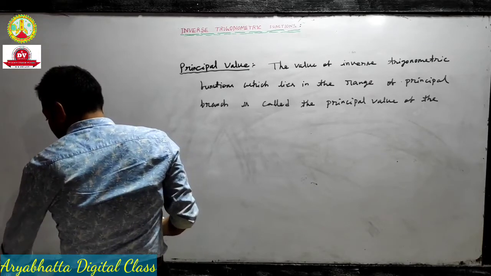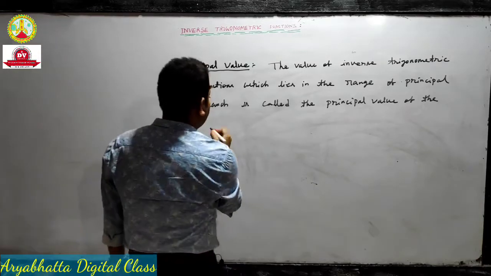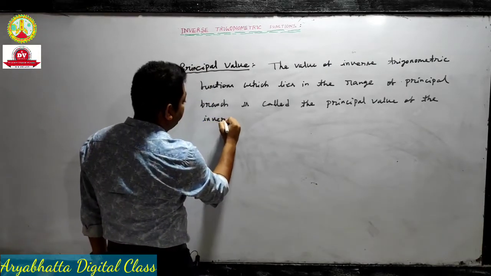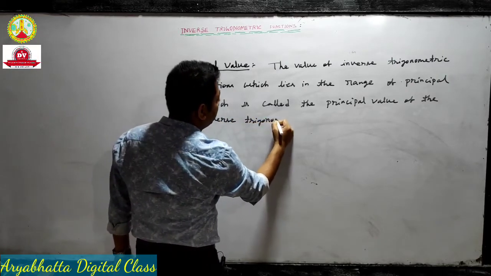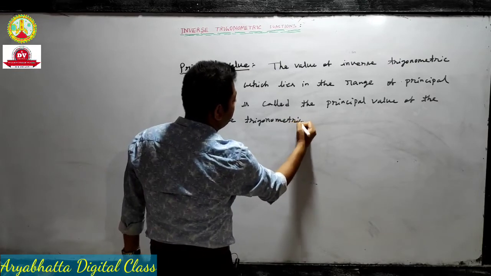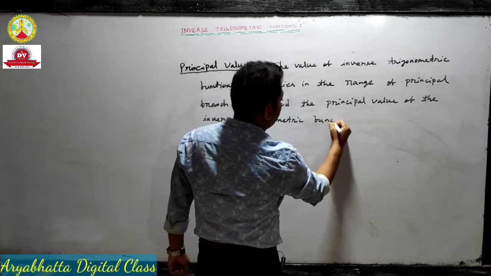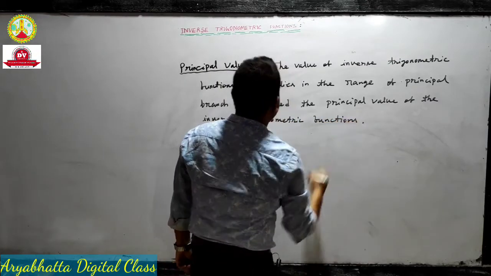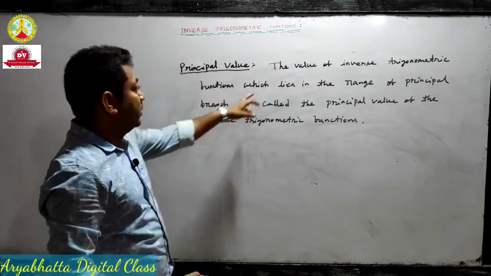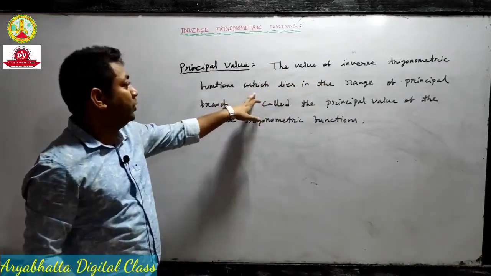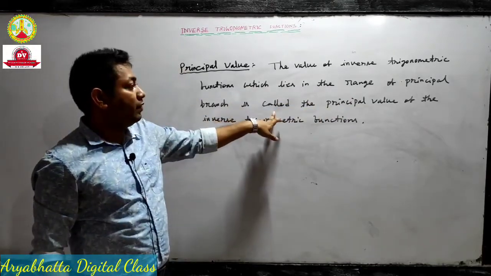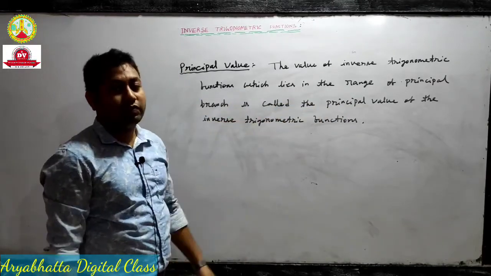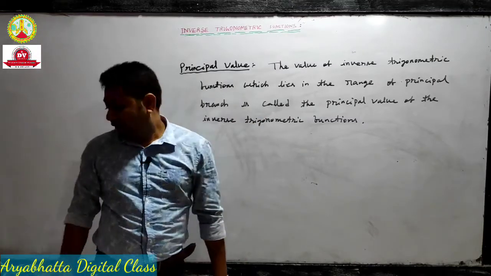What is principal value? The value of inverse trigonometric functions which lies in the range of principal ones is called the principal value of the inverse trigonometric functions.